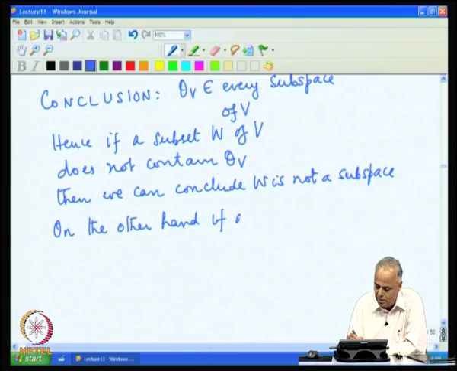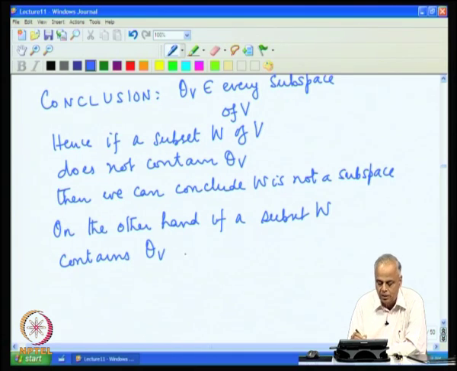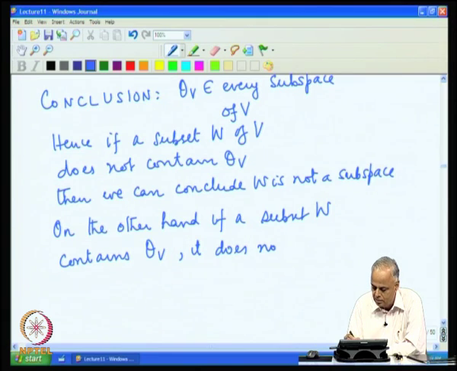If a subset W contains the 0 vector theta V, it does not necessarily mean W is a subspace.